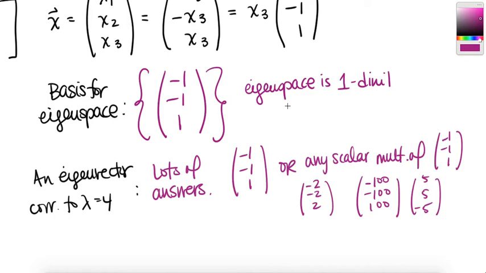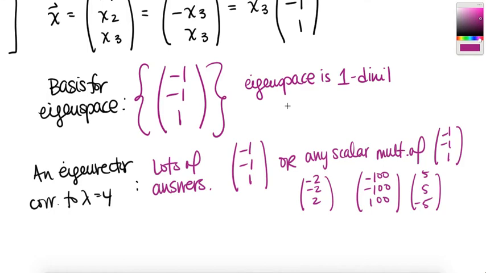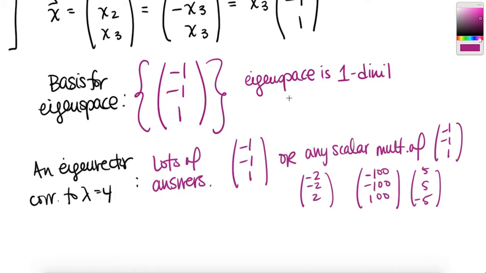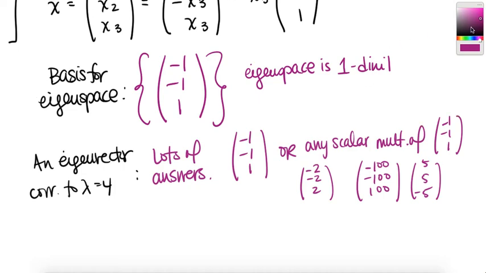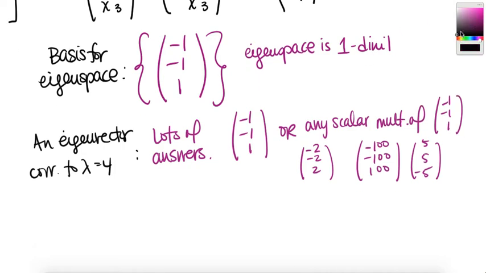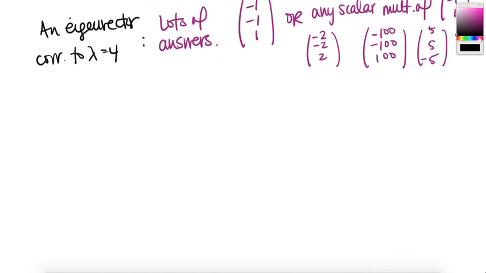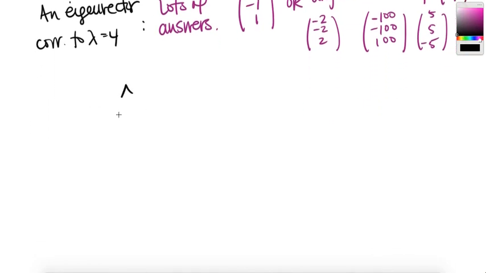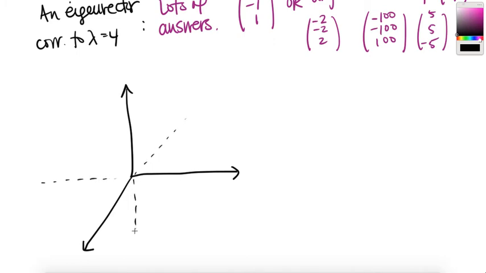So let's talk just a little bit about visualizing this eigenspace. Here is our perfectly drawn three-dimensional space.